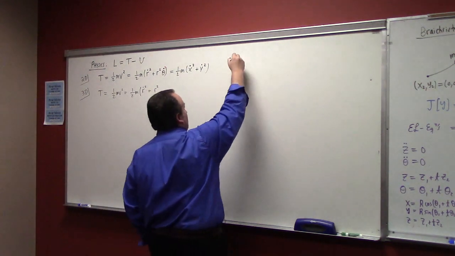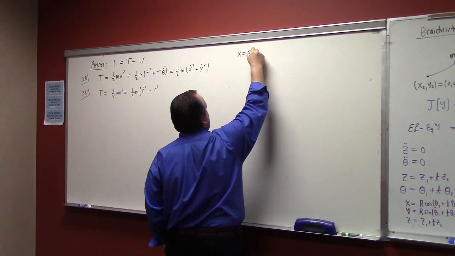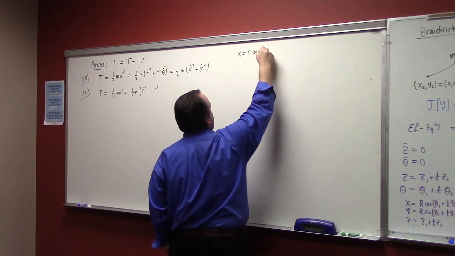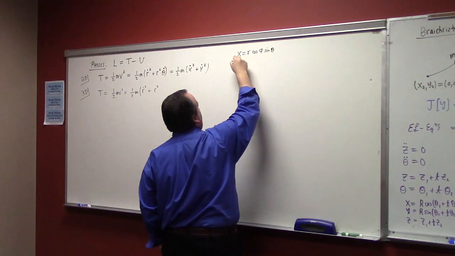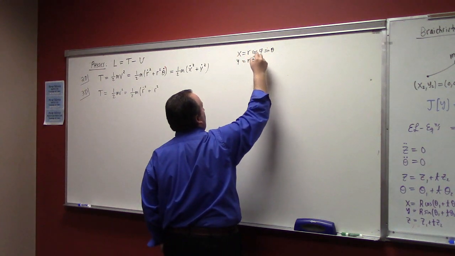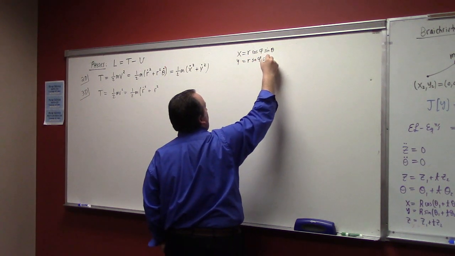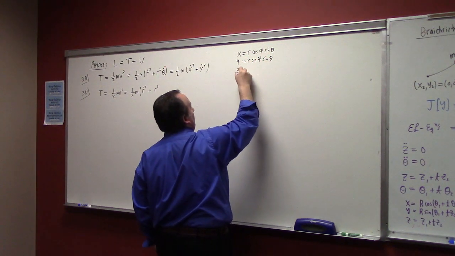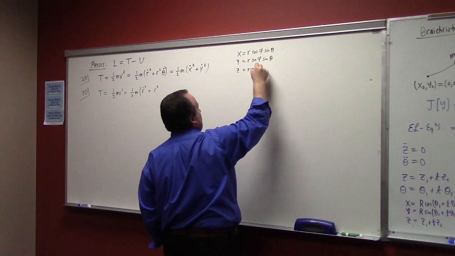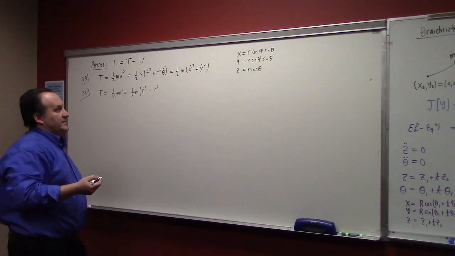Well, what you do is you just write down x equals, so here are the physics ones. They do their theta and phi kind of opposite of how we usually do.